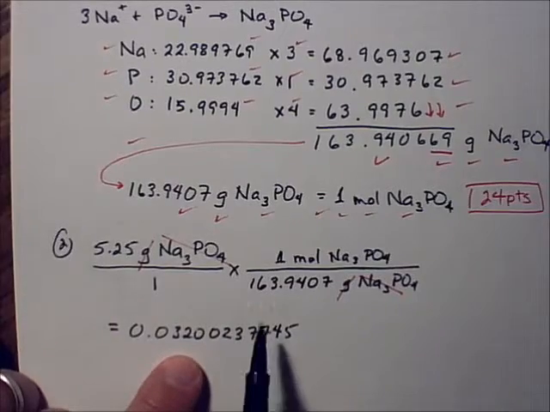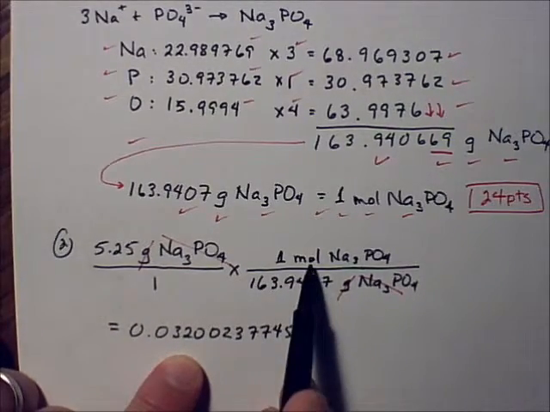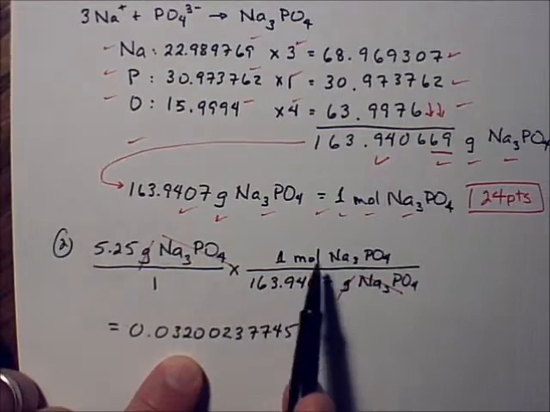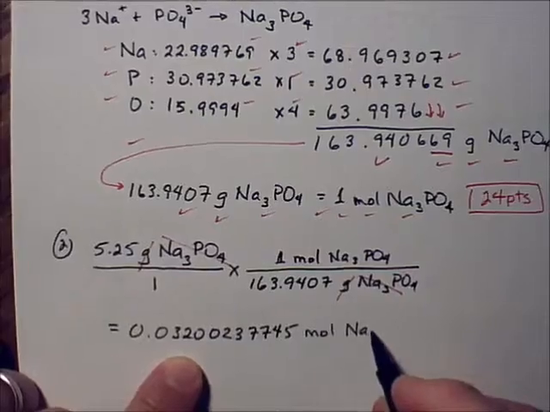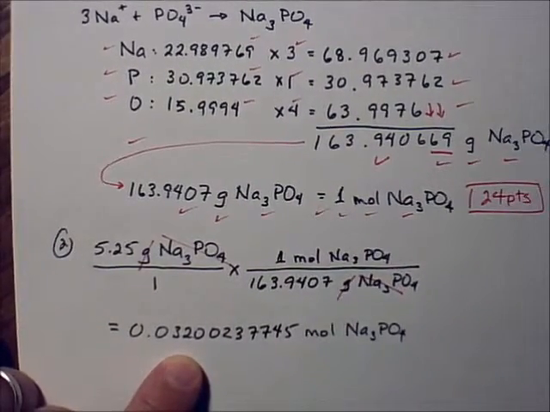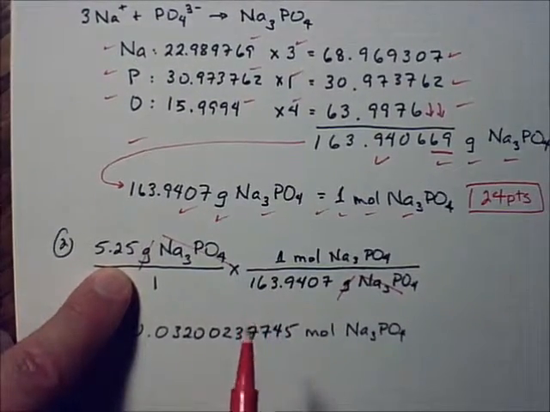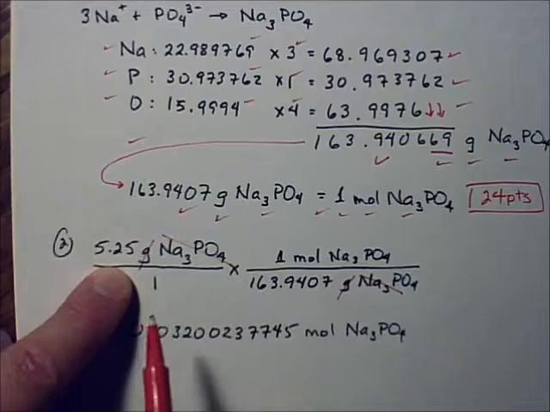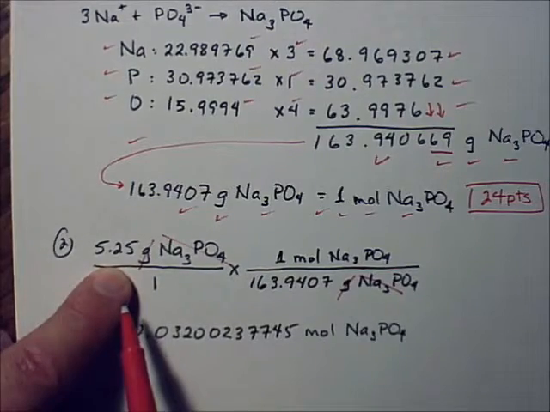We need to round this answer to the right number of significant digits. I'll do that in a minute. I want to first include the units and species that I still have left, because that tells me what that number applies to. Okay. Then I want to look at this: it is a division problem. In multiplication and division, the rule for significant digits in an answer is that it must have the same number of digits as the measured or calculated number in the problem with the least digits.